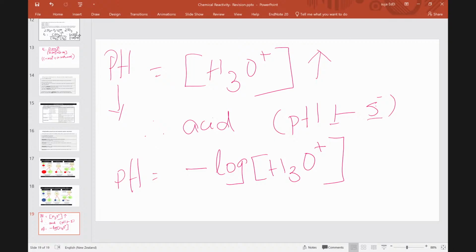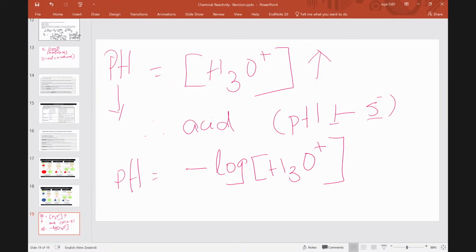The other way around, if the concentration of hydronium ion increases, the pH is lower and therefore it is an acid. So this is the way you do it.